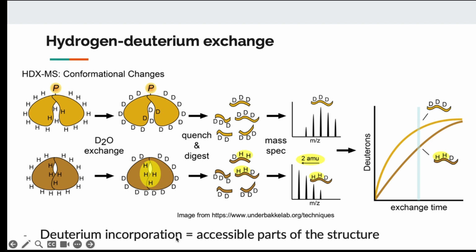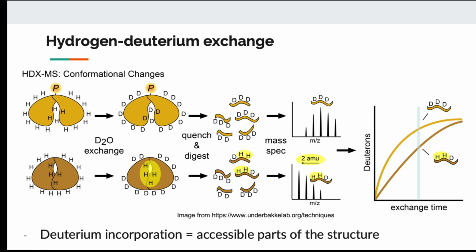So the part of the protein that is not accessible, let's say in the bottom protein, some part is closed. So the middle hydrogen will remain hydrogen, but on the external peptide, all hydrogen will be substituted with deuterium. Compared to the top isoform, when it's phosphorylated, the protein opens up.